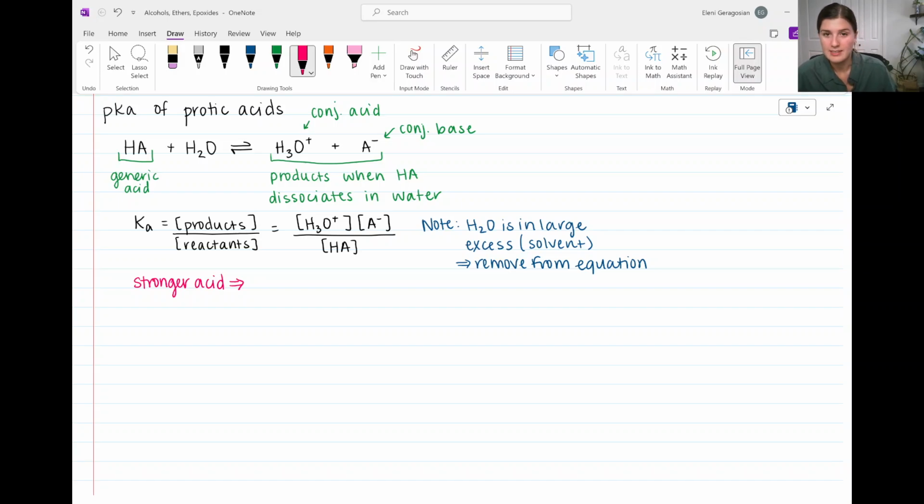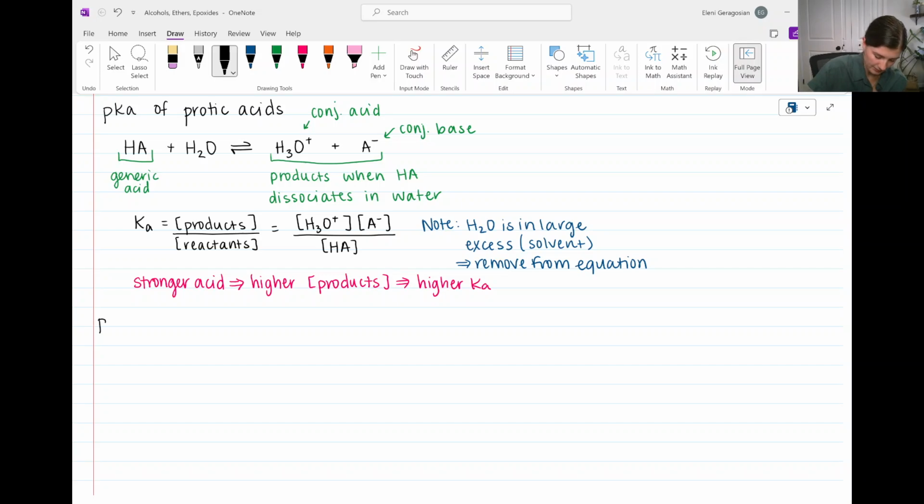If we have a stronger acid, then we're going to have a higher concentration of products, so more H3O plus and more A minus in solution. So a higher concentration of products, higher Ka as a result, because we have a higher value in the numerator, concentration of H3O plus and A minus. So that's how we calculate Ka. It's a relationship: stronger acids have a higher Ka.